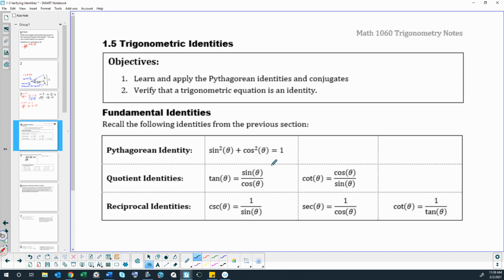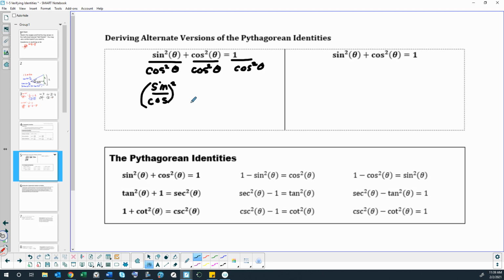Do you recognize which one it is? What is this equal to? What's another thing that we can say is sine over cosine? Tangent, right? So it would be true that sine squared theta divided by cosine squared theta would be tangent squared theta. Does that make sense?